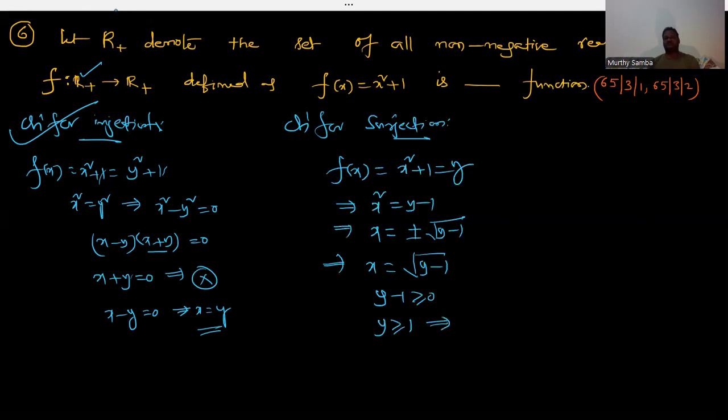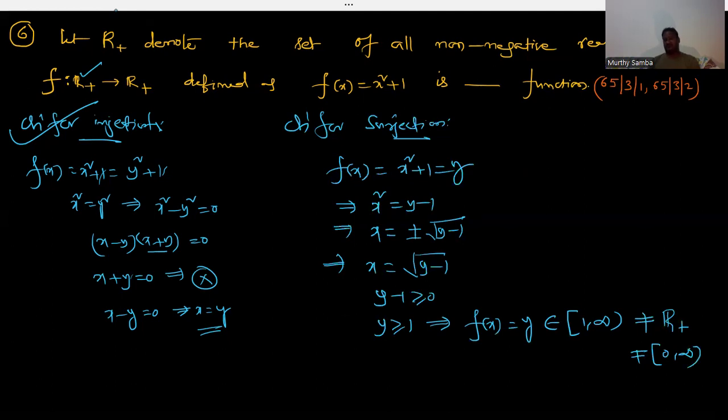Y greater than or equal to 1 means what is that, y or f of x? f of x equal to y belongs to 1 to infinity. Is this 1 to infinity exactly the same as R plus? No, R plus is nothing but what? R plus means closed 0 to infinity, isn't it? Because non-negative real numbers, right?